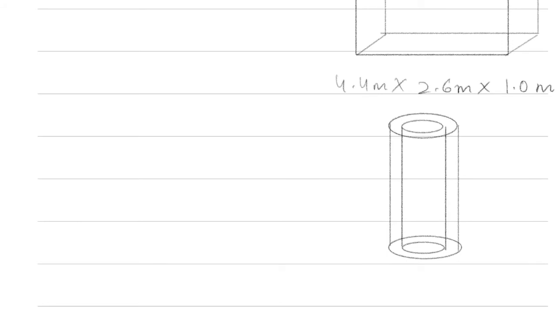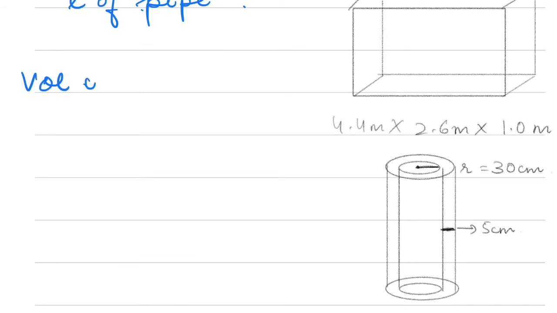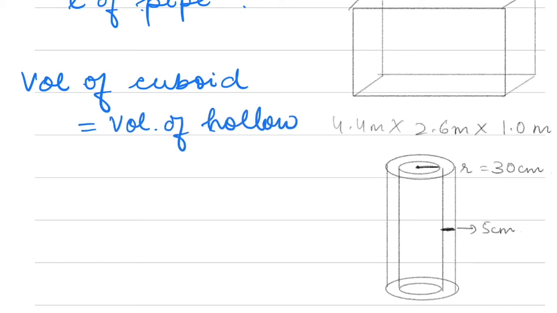The inner radius is 30 centimeter and there is a thickness of 5 centimeter. We have to find the length of the pipe. Volume of cuboid is equal to volume of the hollow cylindrical pipe.